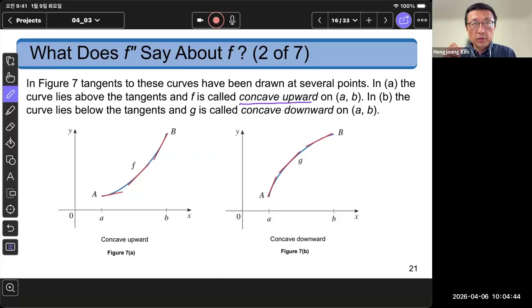And if your function increases as in figure 7b, then we say the curve is concave downward. So concave upward or concave downward. But as I said, you may consider the x squared and negative x squared functions to get the pattern.